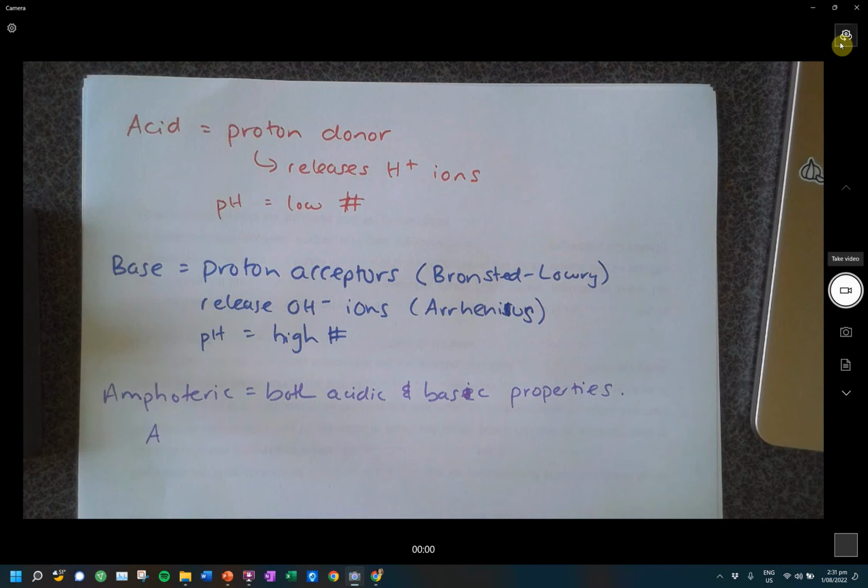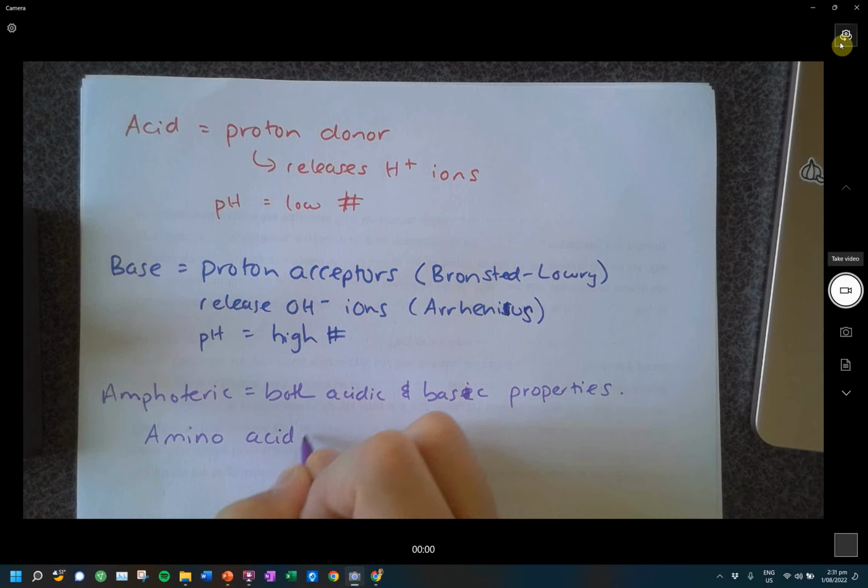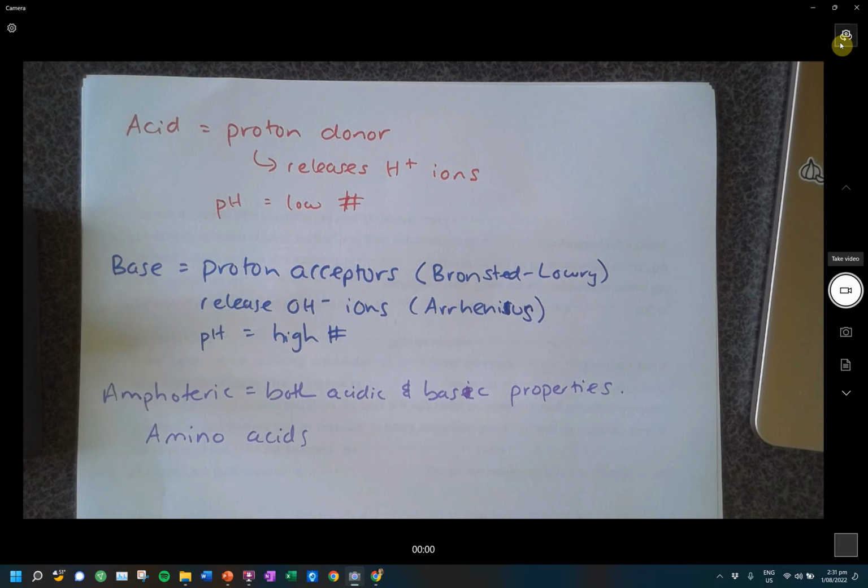Starts with an A. Ammonia. Amino acids are your example of that. So basically, they can act both as a proton acceptor and proton donor. Are we good with that so far?